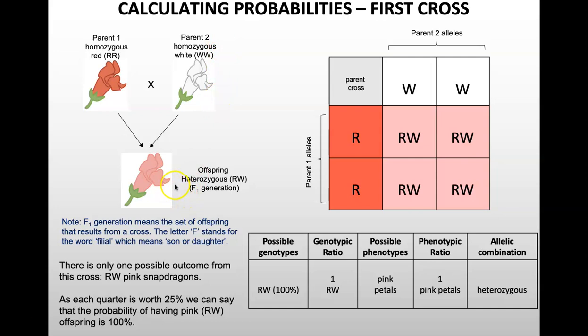Okay, and you can see that the offspring there is a heterozygous offspring. There is only one possible outcome from this cross, which is the RW pink snapdragons. And of course, each one of these blocks is 25%. And so we can say that there's 100% possibility that all of their offspring is going to be pink in colouring.